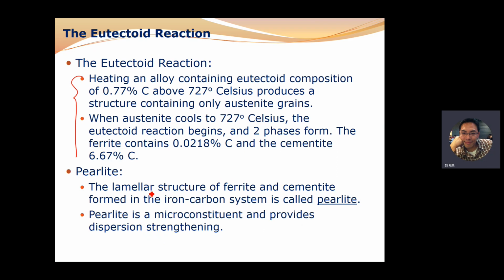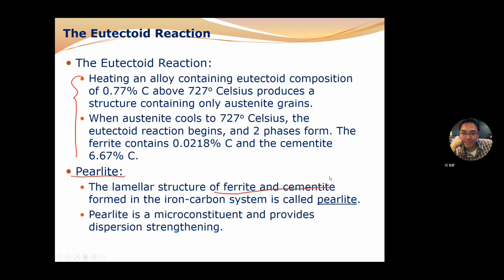Okay, let's look at the structure. It's called pearlite. What is pearlite? Pearlite is a lamellar structure consisting of ferrite and cementite formed in the iron carbon system.